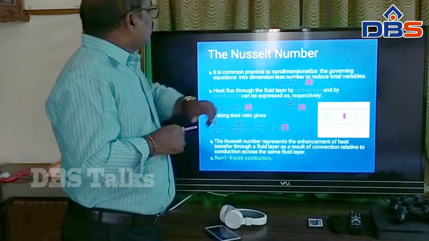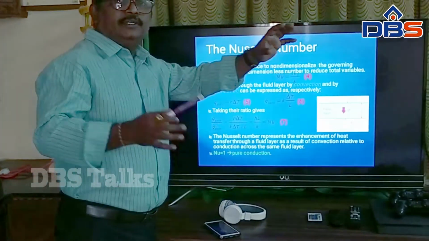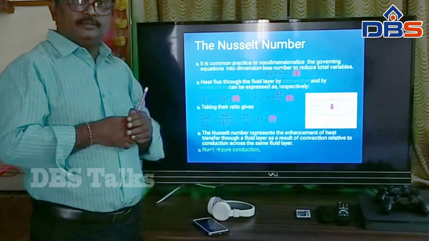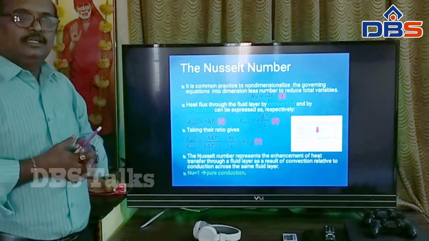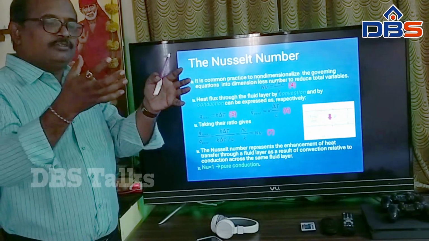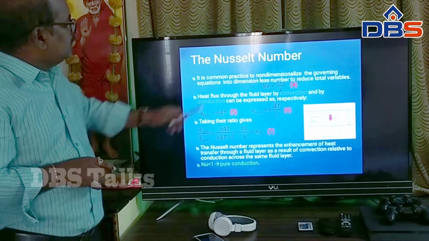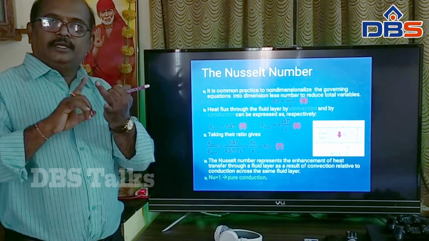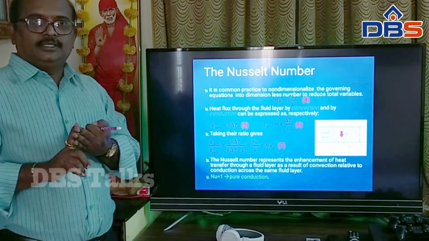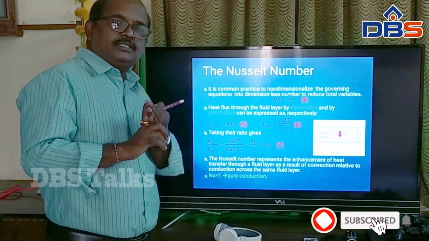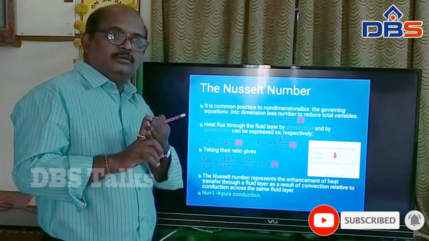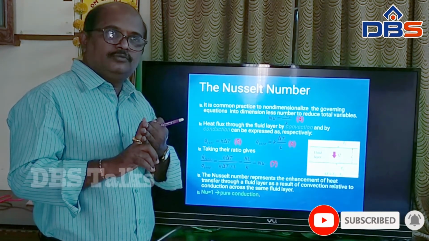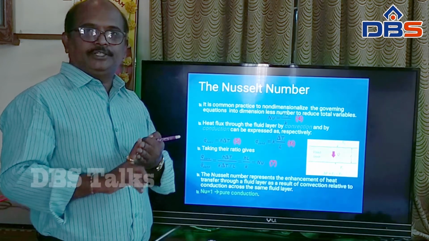In a non-dimensional number, we attach several parameters into one number. Like this, we can simplify the complex convective heat transfer problem. In that, we are going to discuss the Nusselt number, Reynolds number, and Prandtl number. These are the three non-dimensional numbers which play a vital role in convective heat transfer.